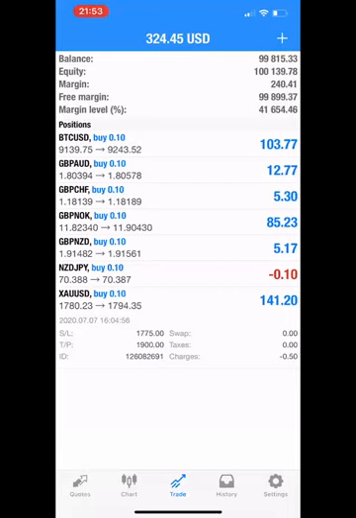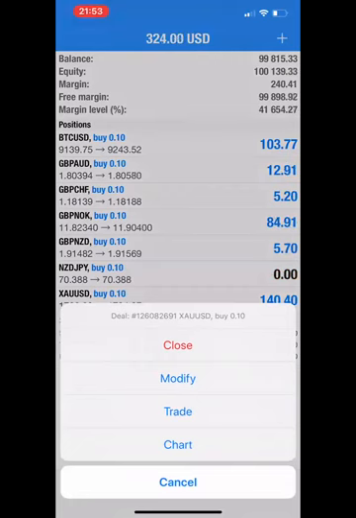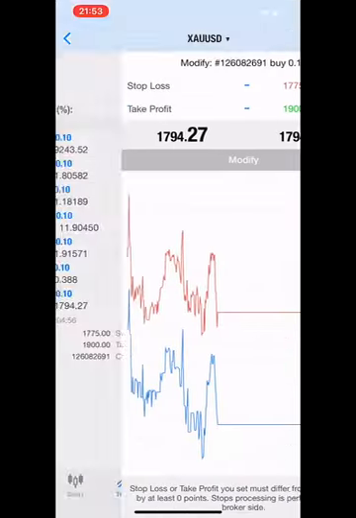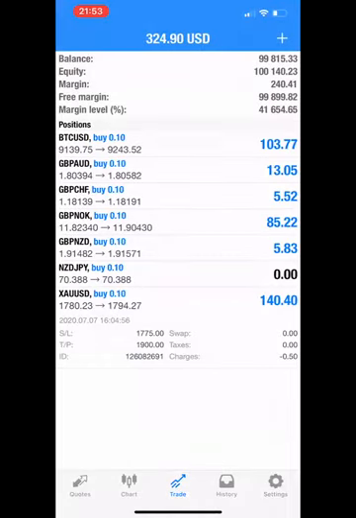Once again, any single time you are in a live trade or even in a demo account and your trade is live and it's in 20 pips profit, 30 pips profit, 40 pips profit, this is what I want you to do. I want you to click on modify. And then first of all, you're going to look at your trade, and you're going to see where you entered.